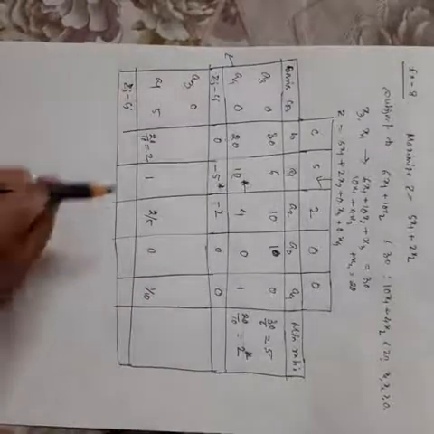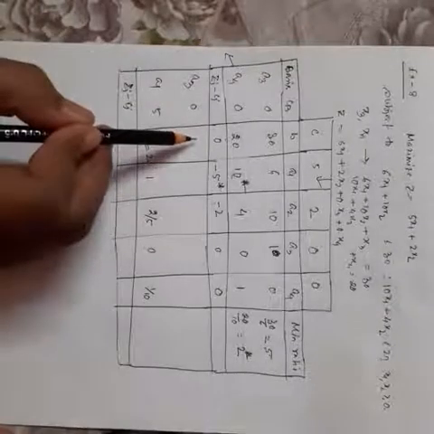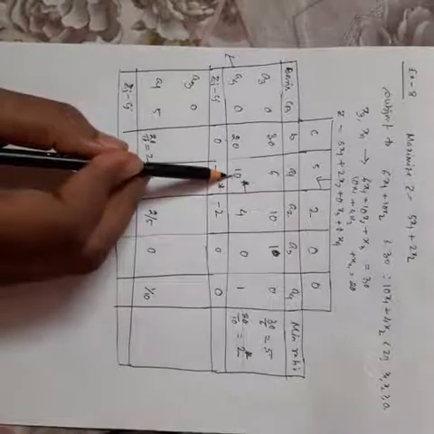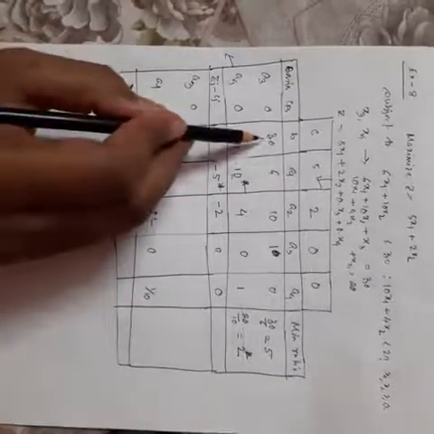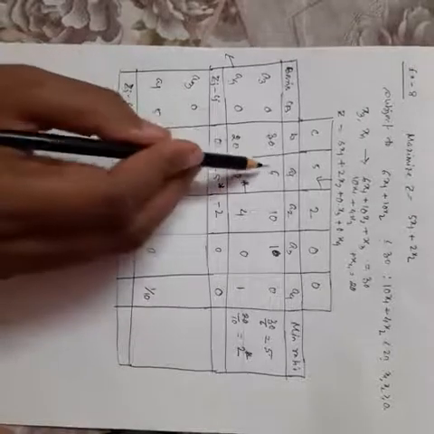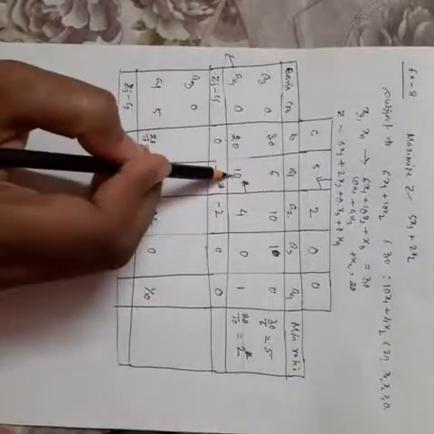Now we find this position by using the key element by the previous method. 30 into 10 minus 20 into 6 divided by 10.